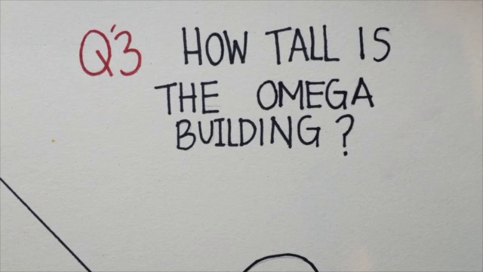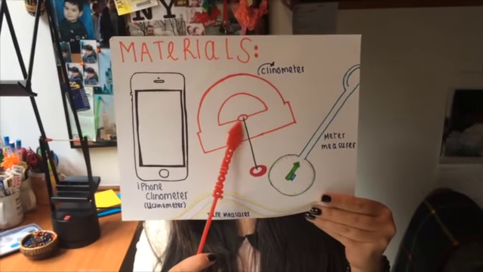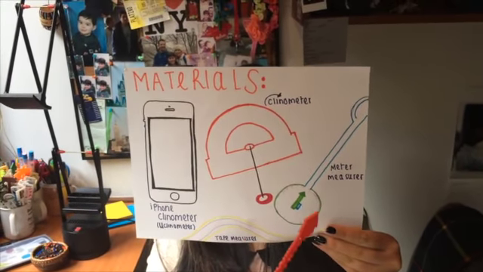Question 3. How tall is the Omega building? These are the materials that we used: an iPhone clinometer, a clinometer, a meter measurer, and a tape measure.